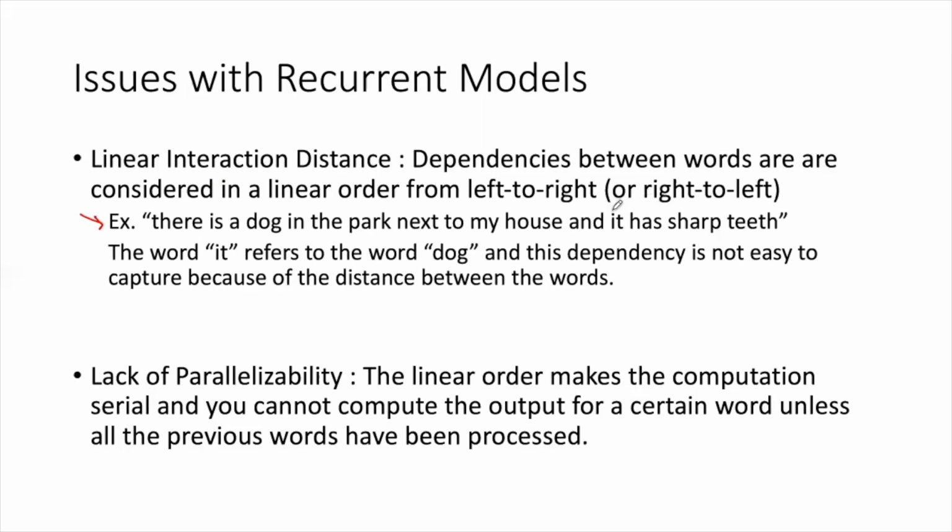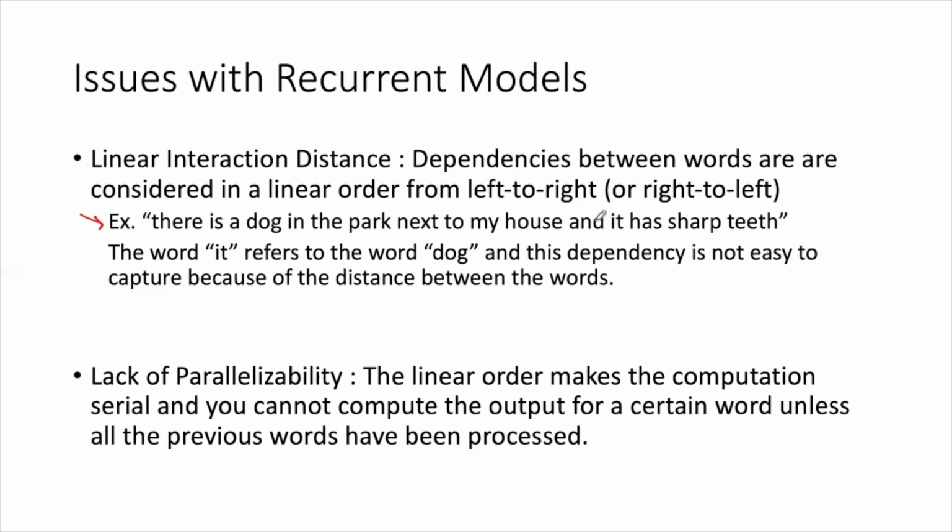Here, the word "it" refers to the word dog, and there are a lot of words in between "it" and "dog". So it's pretty difficult to carry such a dependency from dog to it. Although there are some techniques like LSTMs and GRUs which help us, still it's not possible to capture it.